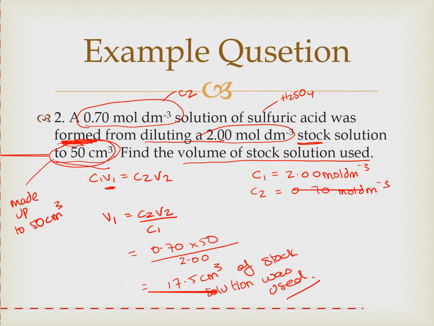So I can measure out 17.5 centimeters cubed of this stock solution, make it up to 50 centimeters cubed, and I know that I would end up with a 0.7 moles per decimeter cubed solution.